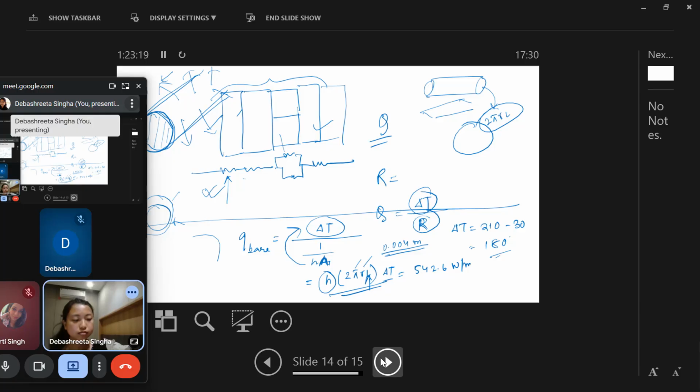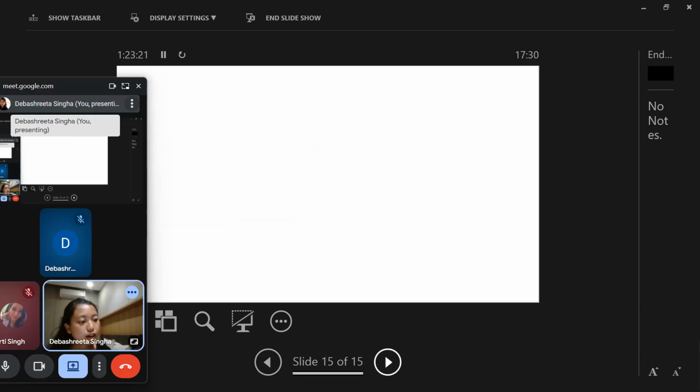We have calculated without insulation, and now we will calculate with insulation. So here this is the wire. Now we are putting an insulation here. So some resistance will come because of this coating also.